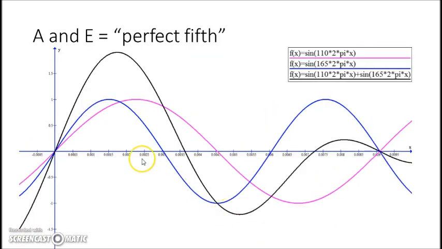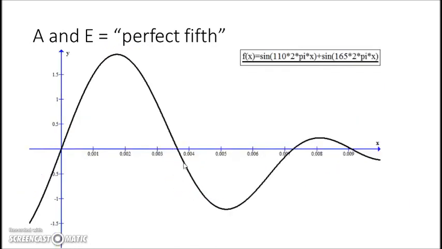Now if we add them together, we get this black pattern here, because if you take that blue one and that pink one, at that point add them together, you get that black one. If you take that pink one and that blue one, that's positive and that's negative, so when you add them together you get 0. So this is what, when you play the two notes A and E together, this is what you hear.